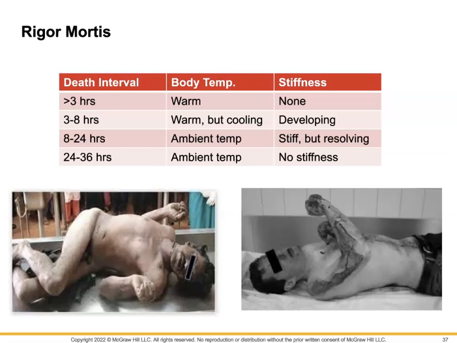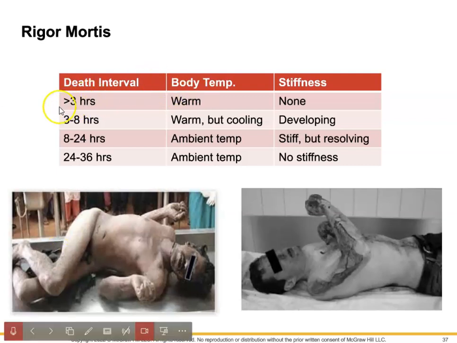A body in the cold will develop and resolve rigor mortis less quickly. So you do have to take in that surrounding temperature and determine if it's in normal range or not, and if not, how does that affect the establishment of time of death.